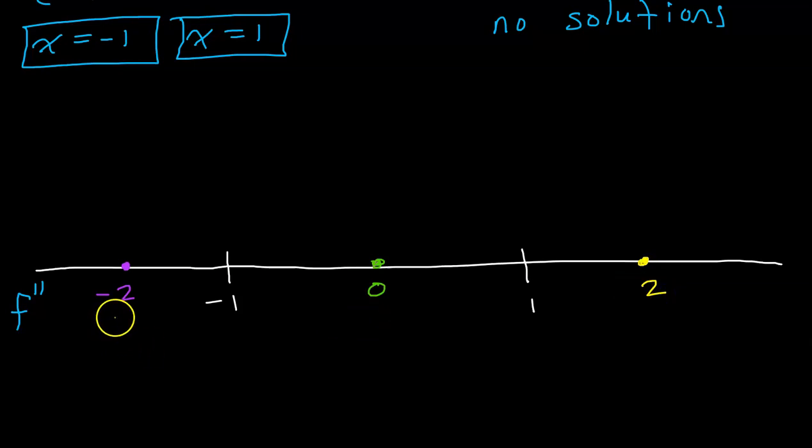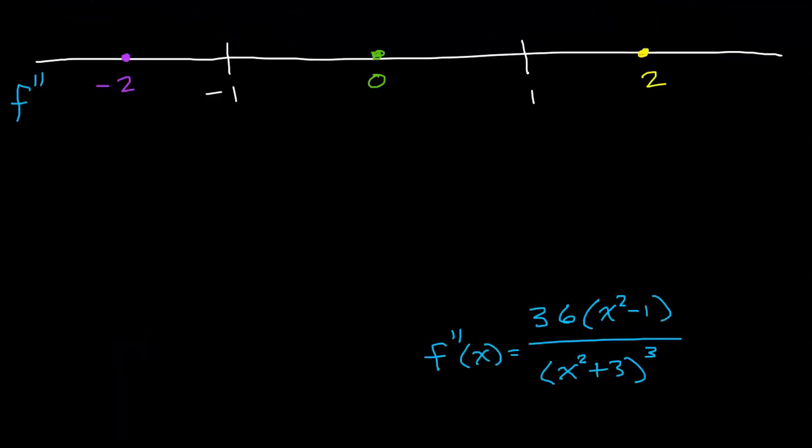Okay, so let's evaluate the second derivative at each of these three numbers. All I care about is whether they are positive or negative. So if I get an opportunity to stop evaluating and just put a plus or a minus, I'll do that. I copied down the second derivative right here so we can just remember what it looks like without scrolling up.